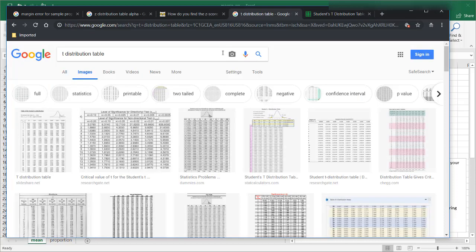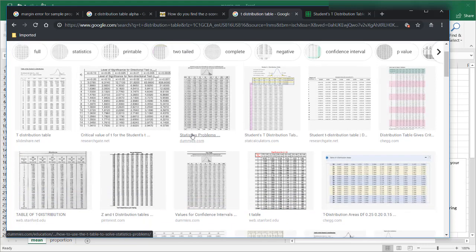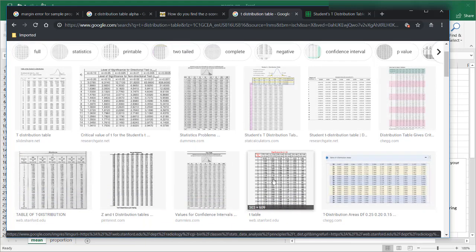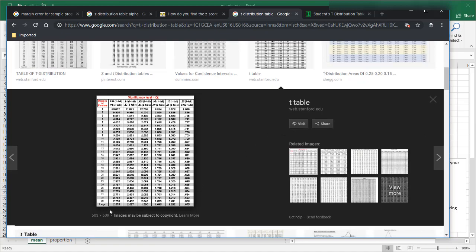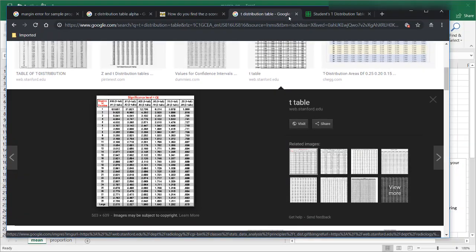If we go to another table here that has a higher one, it will tell us that if it gets too large, it gets to 1.96. And 1.96 is basically the same score as a z-score. And just remember that number, 1.96 at a 95% confidence rating, right?